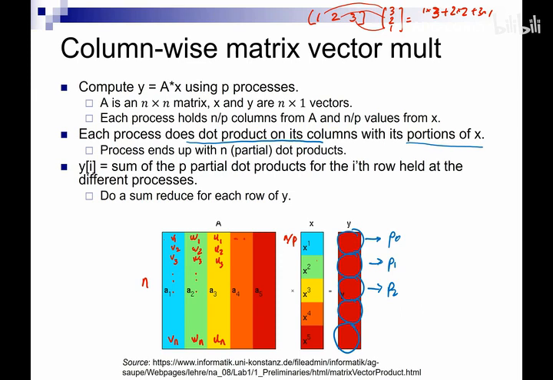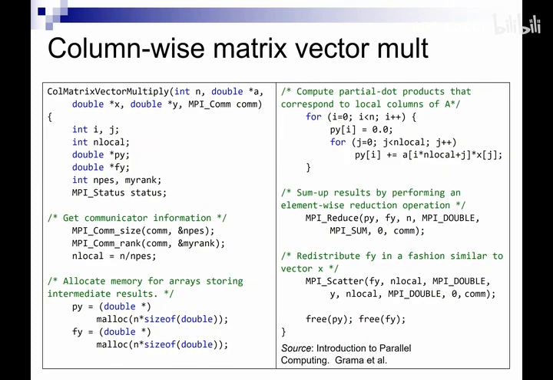Okay, so now let's try to put all of this together into some code. Here we have the program for doing this. Remember that the first thing you need to do is each process is going to compute these dot products, right?